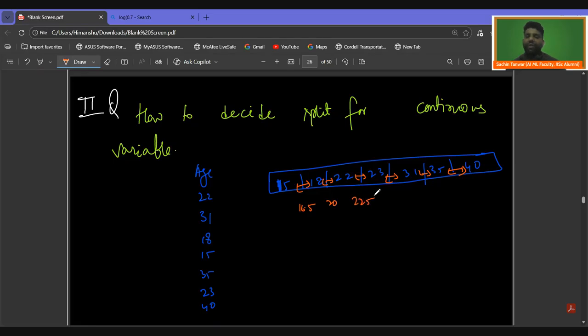For 23 and 31, it's 54 divided by 2, so 27. For 31 and 35, it's 66 divided by 2, so 33. For 35 and 40, it's 75 divided by 2, so 37.5. So these are the 6 thresholds possible.